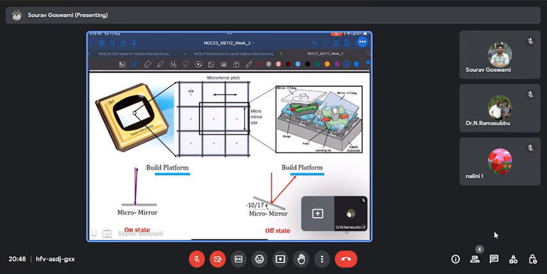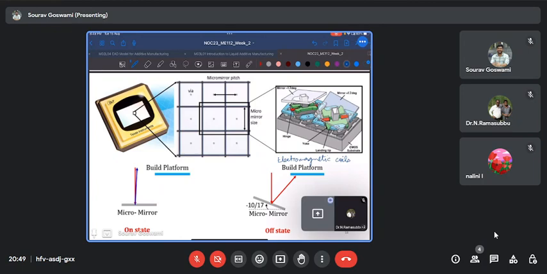And for each of these mirrors, here we see that there is a pair of mirrors. They are actuated, and usually when they're not actuated, they will be lying normal to the surface, and by the use of electromagnetic coils, each of these individual mirrors can be suitably moved or actuated to shine light on the platform.